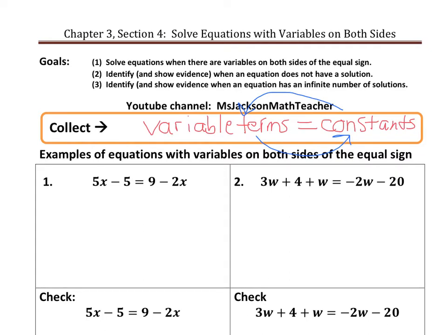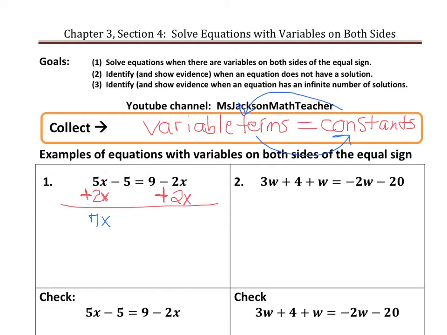As we've been doing with the pure constants, if this is a negative or subtract 2x, in order to undo subtraction, we would use addition. Now when I do that on the other side of the equal sign, I'm going to put that right under its like term. So 5x plus 2x is 7x.